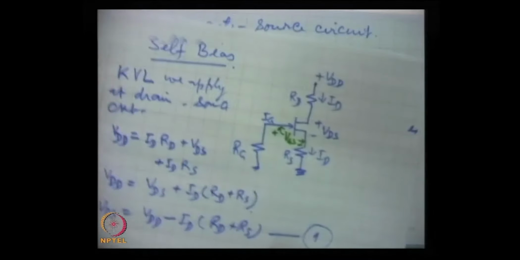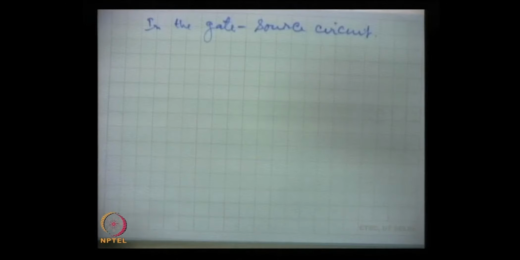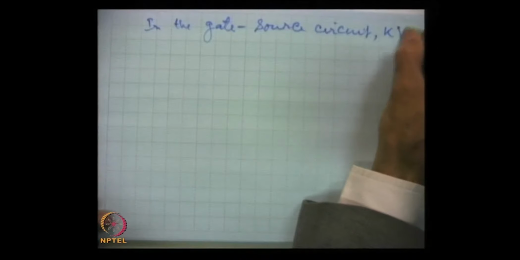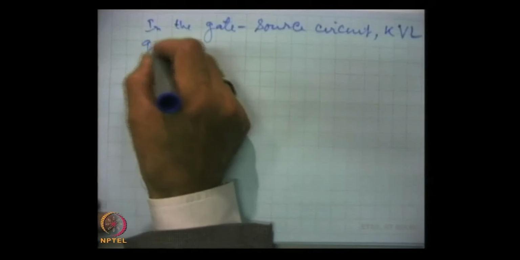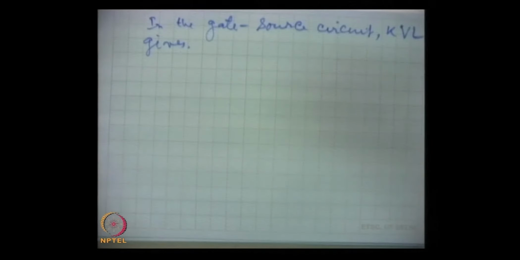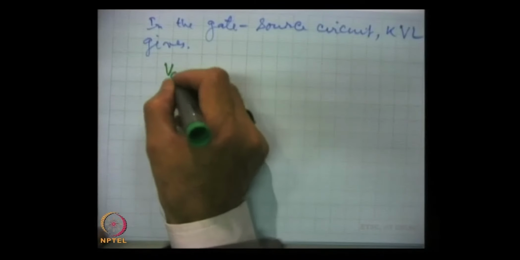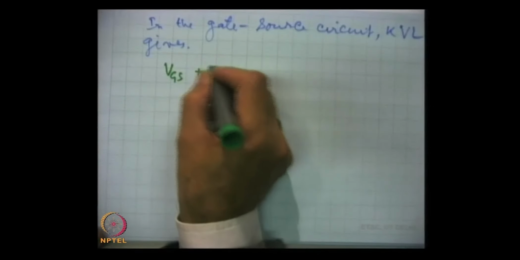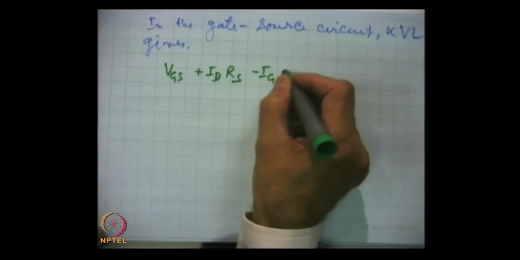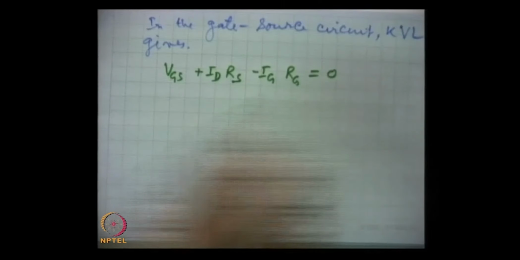So, here the summation, or Kirchhoff's voltage law, gives Vgs plus IDRs minus IG RG equal to 0.